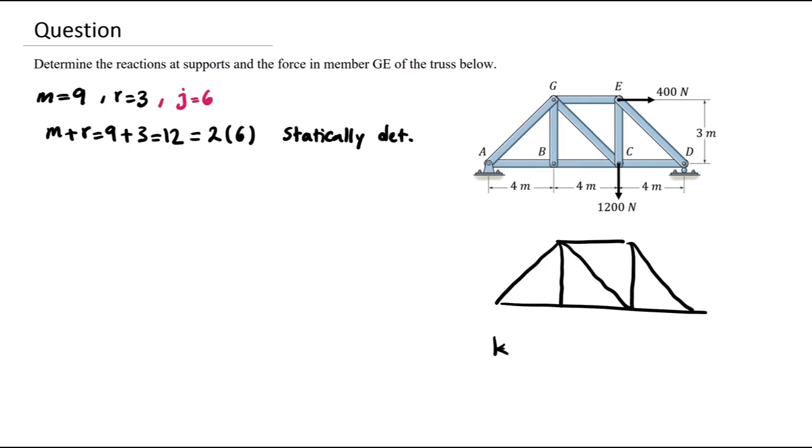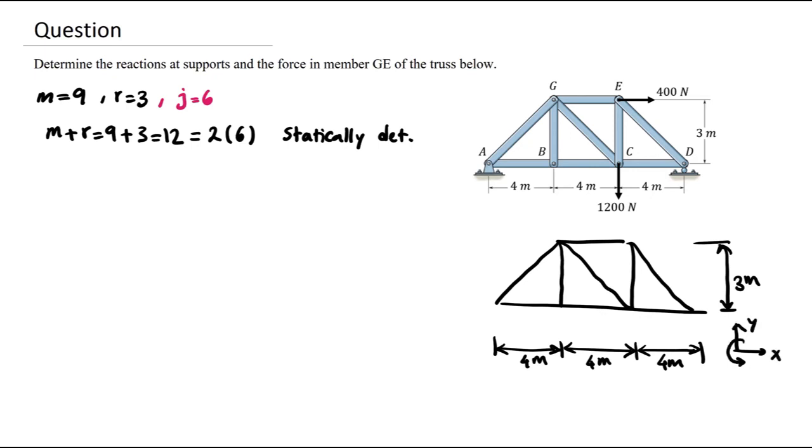These are the dimensions: 4 meters, 4 meters, 4 meters, and 3 meters. Coordinate frame next to the free body diagram. Counterclockwise is always positive. This is joint A, B, C, D, E, and G.